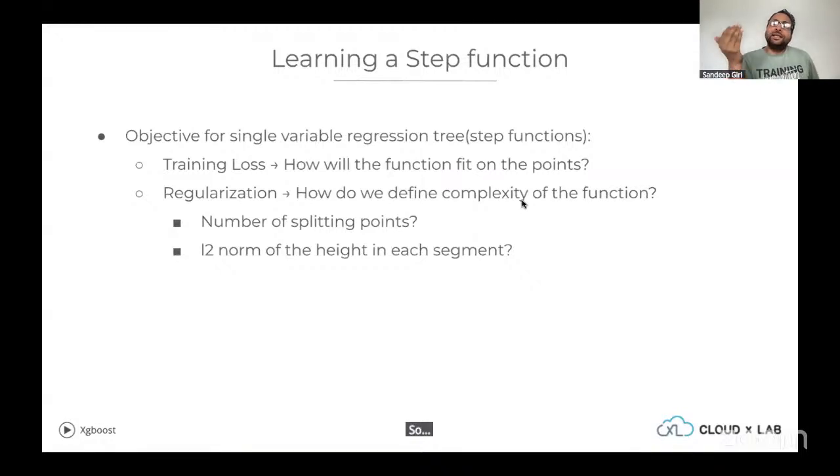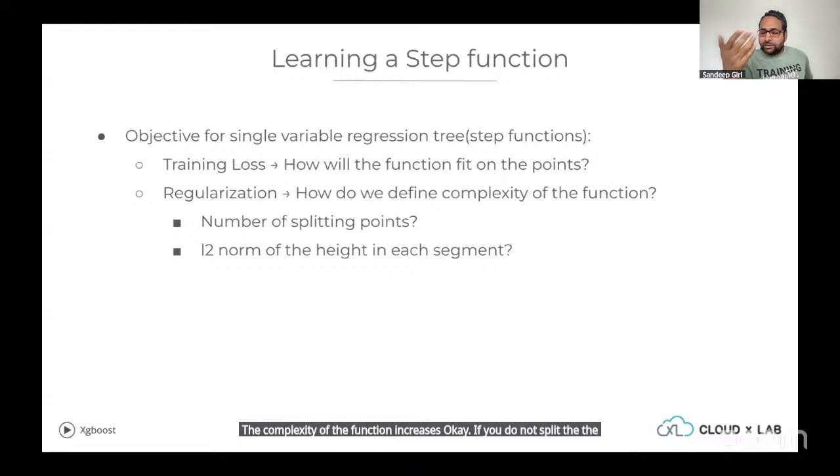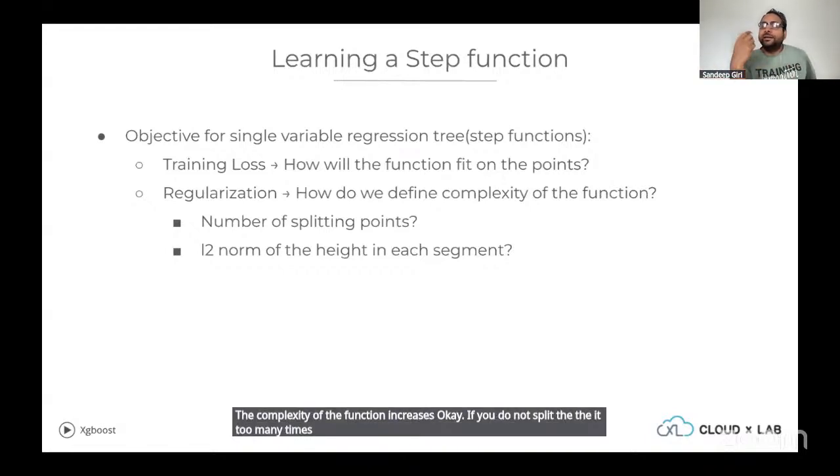If we split the tree too many times, the complexity of the function increases. If we do not split it enough, our loss will be higher because it will have too much error.